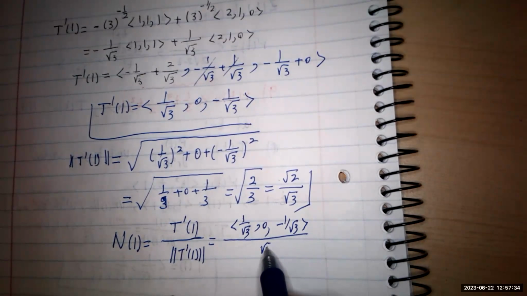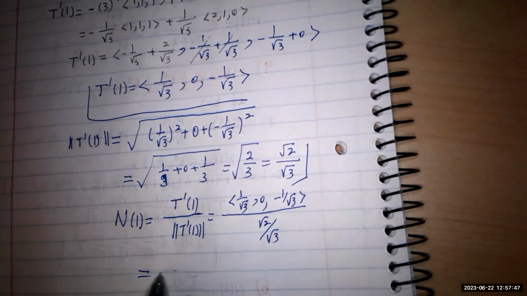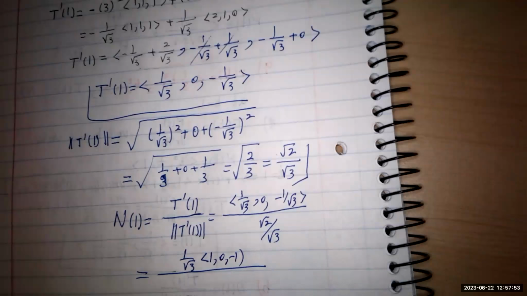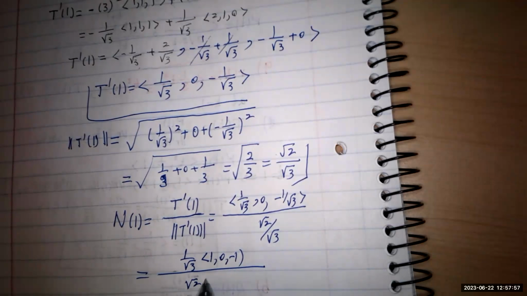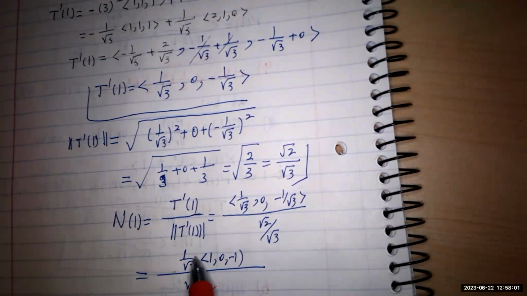And the number over here is going to be radical 2 over radical 3. So we can divide it into each component. Those radical 3s would cancel out. Okay, if you like a different way to simplify it, you can pull out the 1 over radical 3. So that gives you 1, 0, negative 1. And over here is just radical 2 over radical 3. So the radical 3 would cancel out.